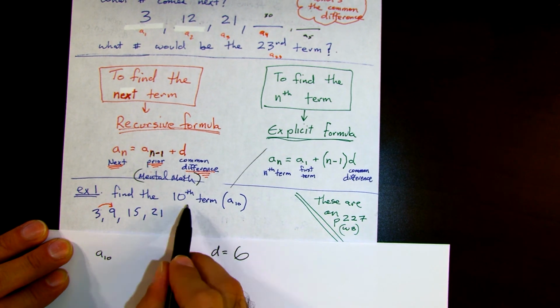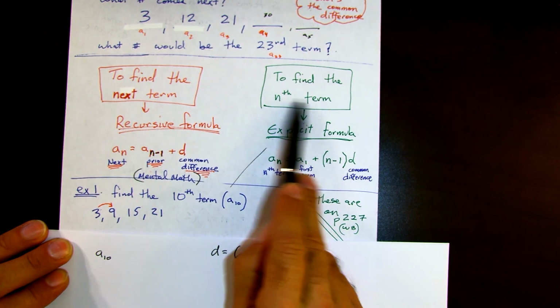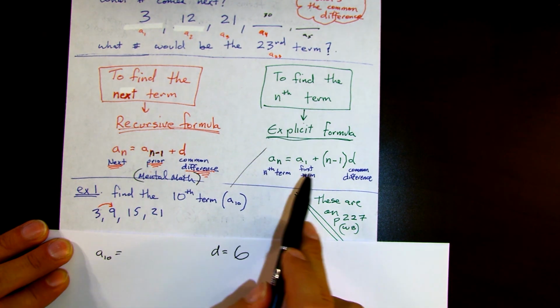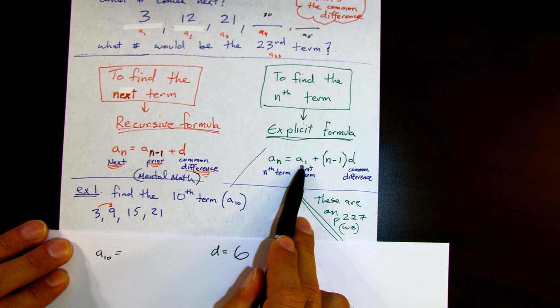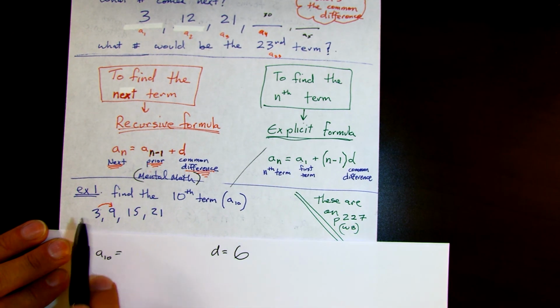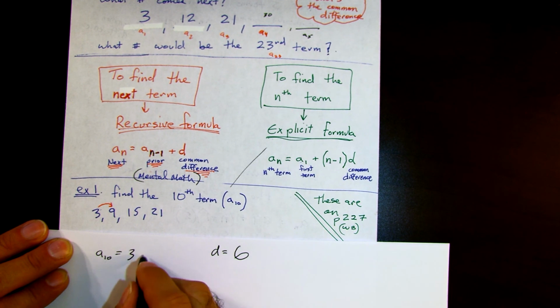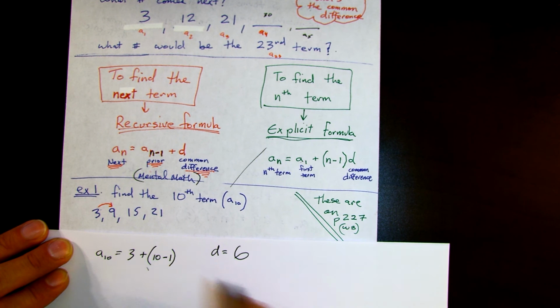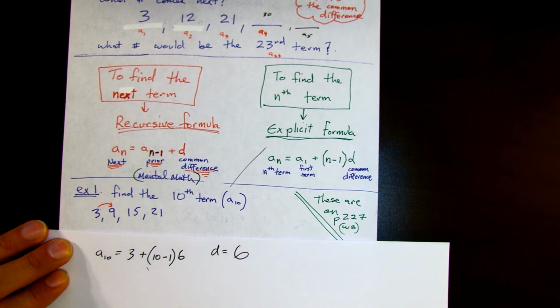Okay. So look, if I need to find the nth term, we're going to find the 10th term. A sub 10 is going to be equal to a sub 1, the first term, 3, plus 10 minus 1 times 6.